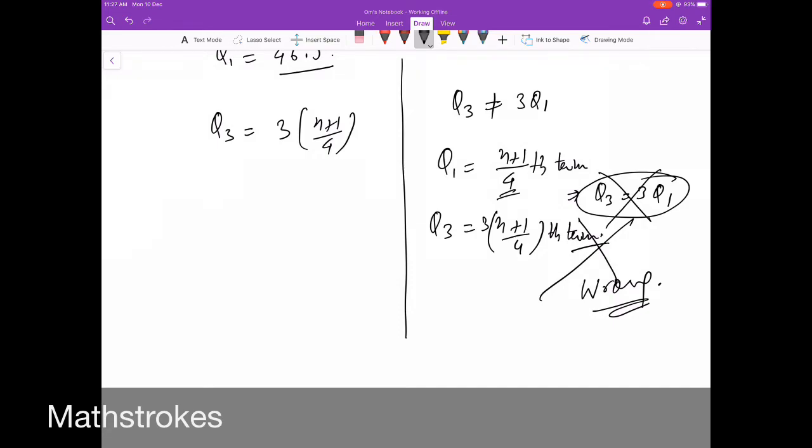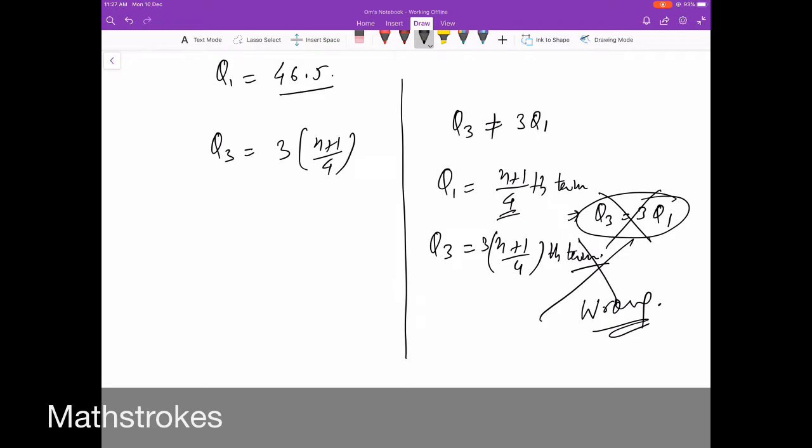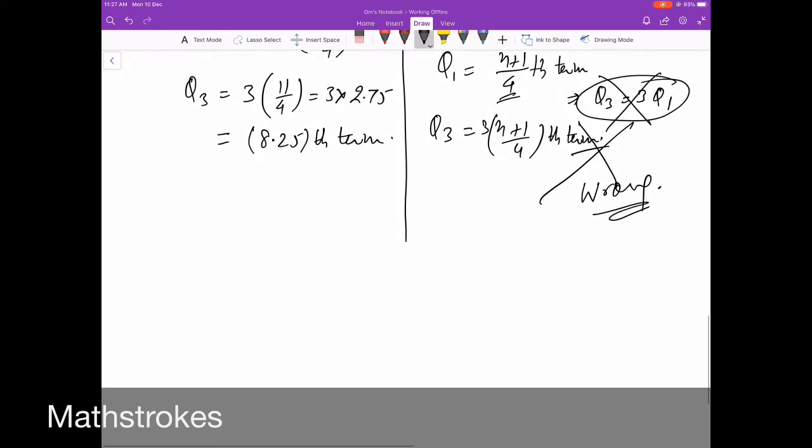Fine, so let's calculate q3. q3 is 3 times 11 upon 4, 3 into 2.75, and this comes out to be 8.25, actually the 8.25th term. So I can write this as 8th plus 0.25 of (9th minus 8th).